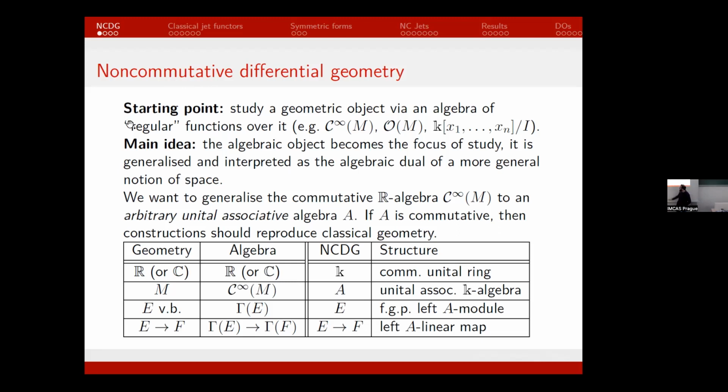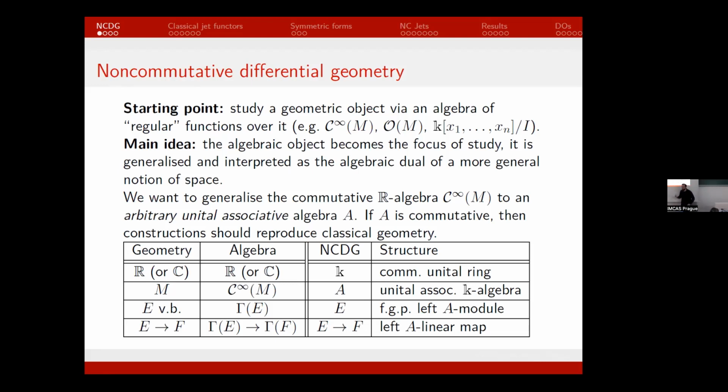Now, a vector bundle will be algebraically associated to its space of sections, which has the structure of a C infinity of M left module. And by the Serre-Swan theorem, we know exactly what these modules are. So the category of C infinity of M modules that represent sections is equivalent to the category of finitely generated projective left modules.